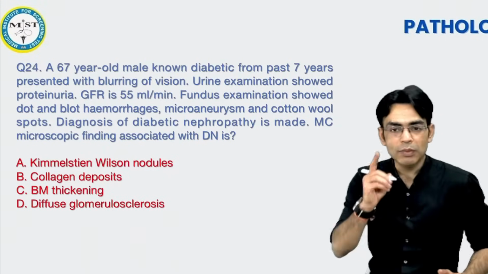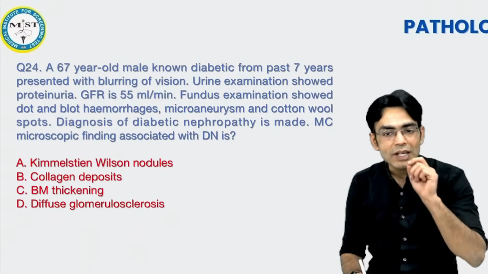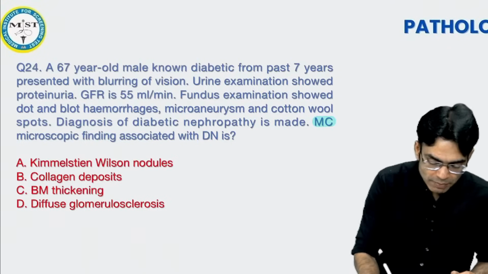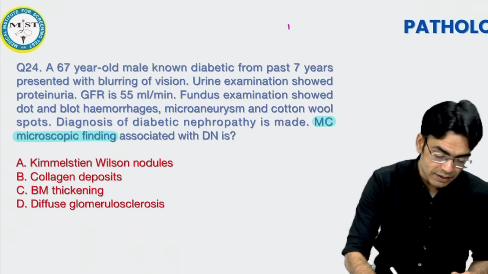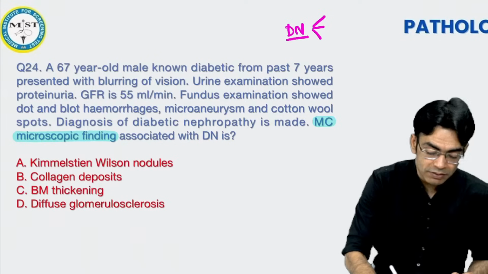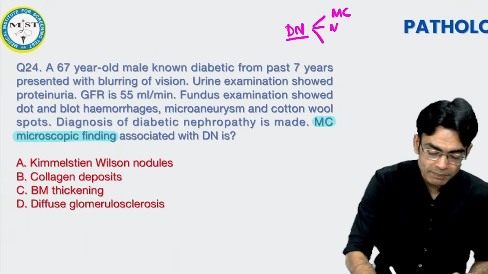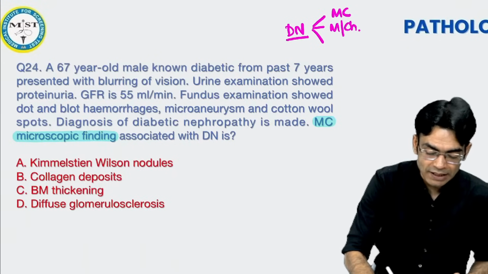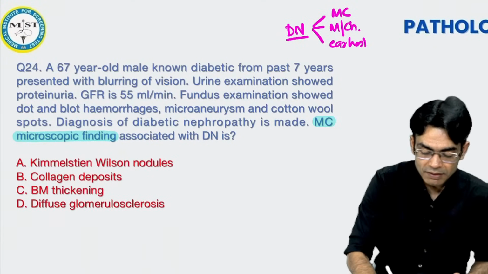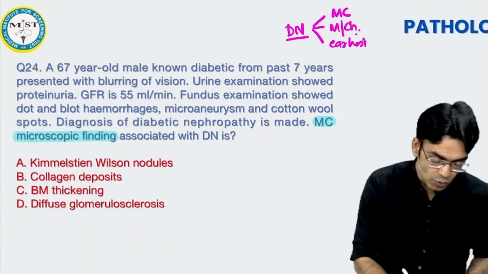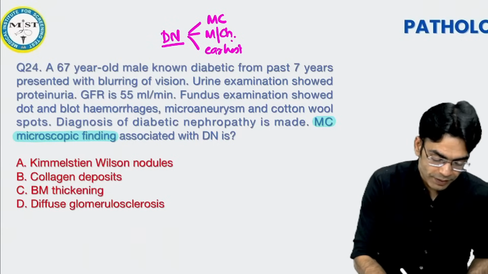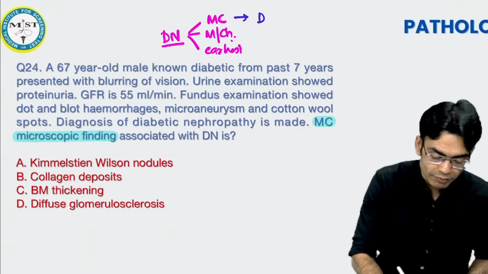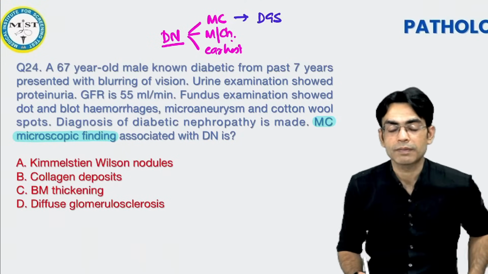Son, again you are making a mistake. These are very common mistakes you are making. Son, they are asking most common microscopic finding. With diabetic nephropathy, we are having 3: most common, most characteristic, and earliest. So when we are talking about most common, it was diffuse glomerulosclerosis.